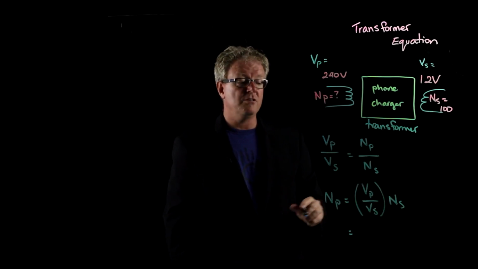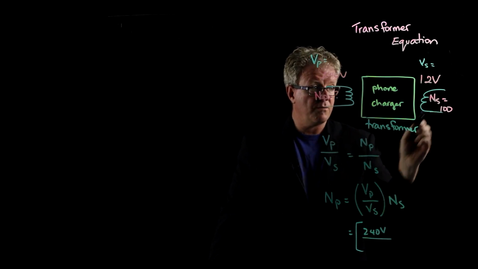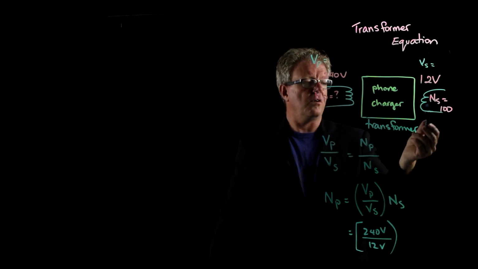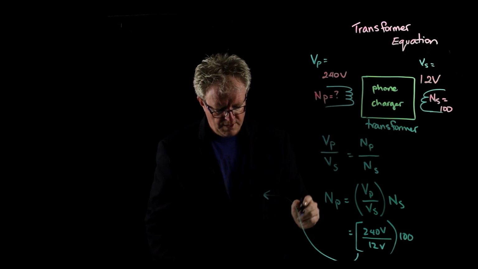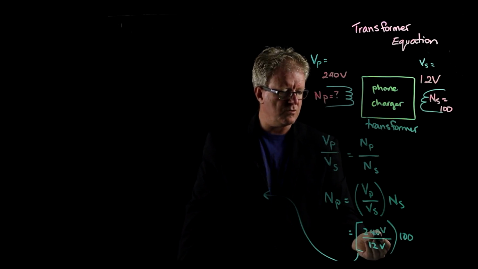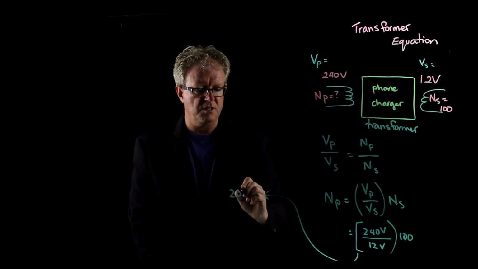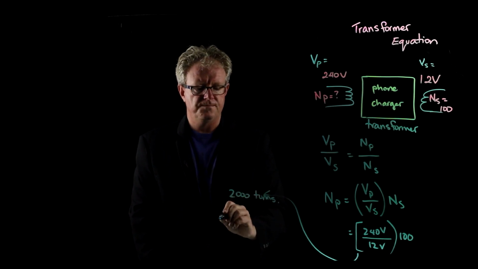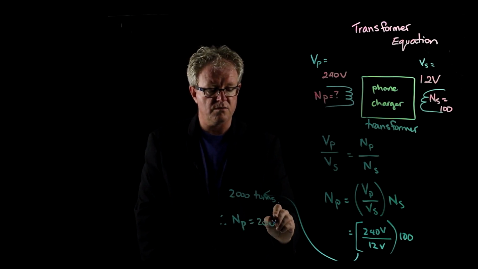So we plug our values in: primary voltage is 240 volts, secondary voltage is 12 volts, and we have our number of coils here. We end up having 240 times 100 divided by 12, and that turns out to be 2,000 turns. So our primary number of turns is 2,000.